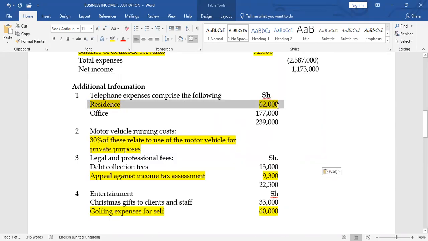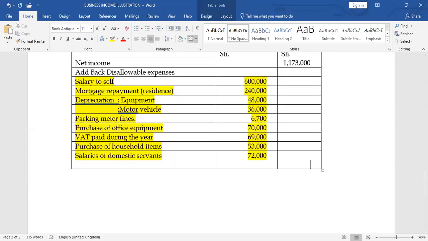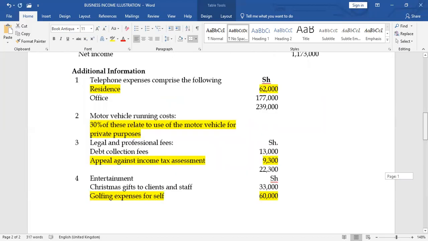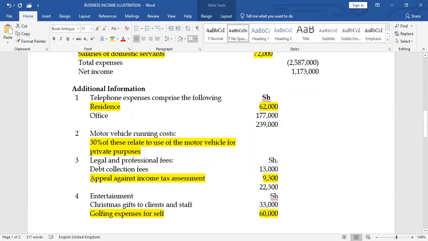We pick this one. We said it's not allowable. I Control C it. Come and do it there. Appeal against income tax.